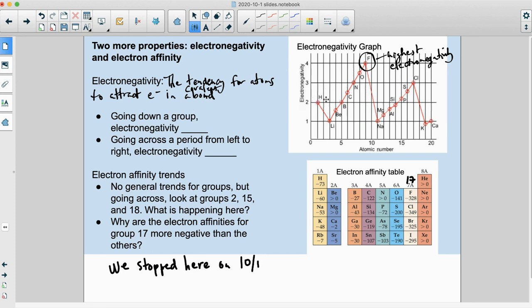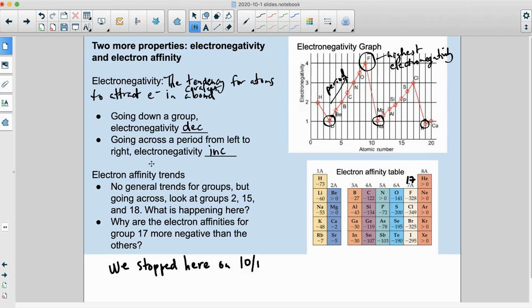The trend is, if you go down a group, so if we look at lithium, sodium, potassium in the same group, electronegativity is decreasing. Going across a period, our electronegativity is going to increase. We'll talk a lot more about electronegativity in Unit 2 because it really is applicable to bonding and polarity of covalent bonds, so we'll talk a lot more about that when we get to Unit 2.